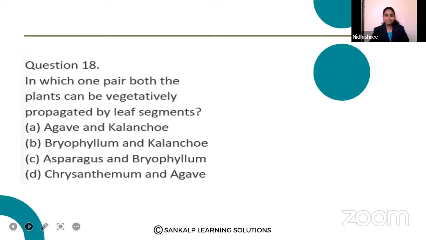Question number 18. In which pair can both plants be vegetatively propagated by leaf segment? They asked for the examples, guys. Options: agave and kalanchoe, bryophyllum and kalanchoe, asparagus and bryophyllum, chrysanthemum and agave.